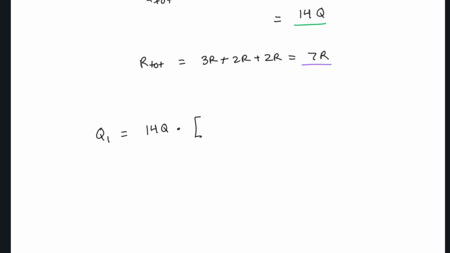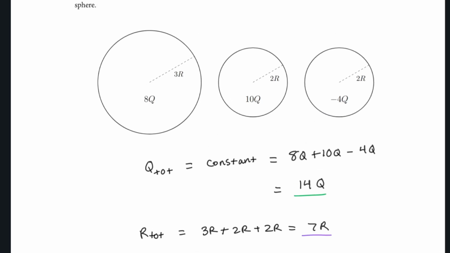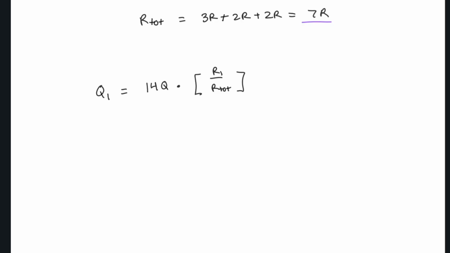So this means that we can just multiply by R divided by R total. In this case, the first sphere is holding 3 of the 7 R's, so it must hold 3/7 of the system charge. So it would hold 6Q, because 7 and 14 divides out to 2, and 2 times 3 is 6.